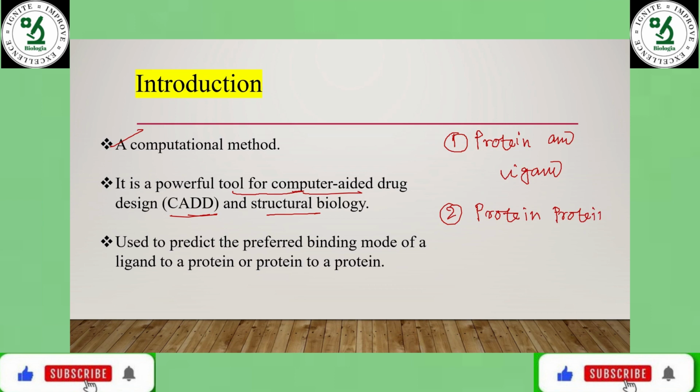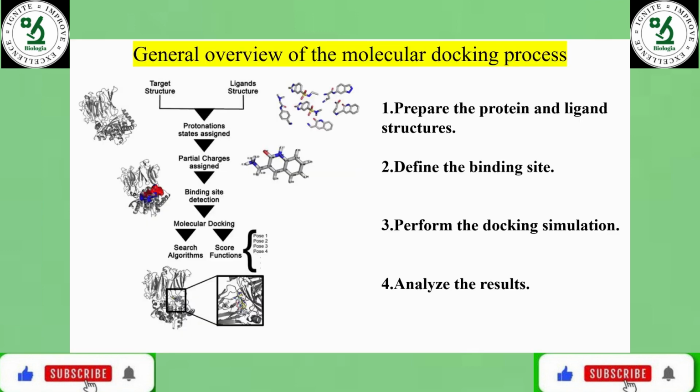So this molecular docking approach occurs between protein and ligand and between protein and protein. This interaction is used to predict the preferred binding mode of a ligand to a protein, or of a protein to a protein.